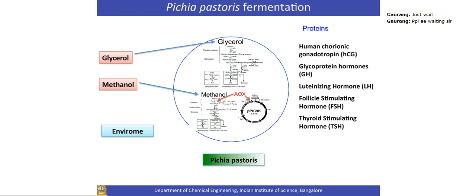So what we do is take the gene responsible for this protein, attach this switch to that gene, and insert that whole structure inside the Pichia. Now if I turn on this switch, cells will not only use methanol, but in the process the switch for making this protein will also be turned on, and cells will start making a lot of protein, which will come outside, and we will collect that protein later.